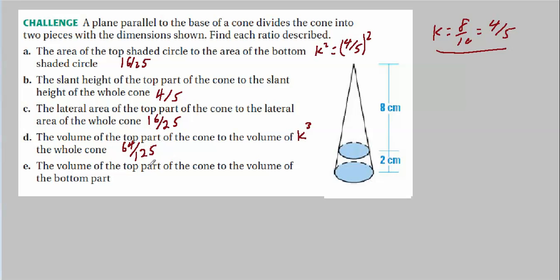And the volume of the top part of the cone to the volume of the bottom part. Well, if the ratio is 64 to 125, or you could say 64/125 is the whole. Well, I'm not explaining that very well, am I? The ratio of the top part to the whole is 64/125.